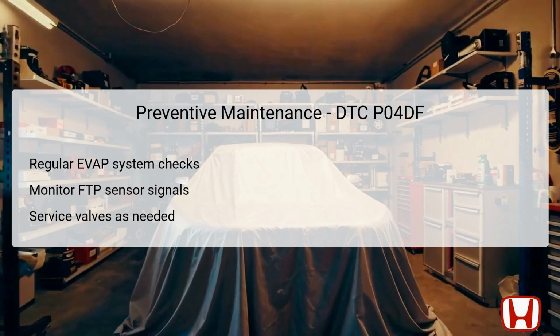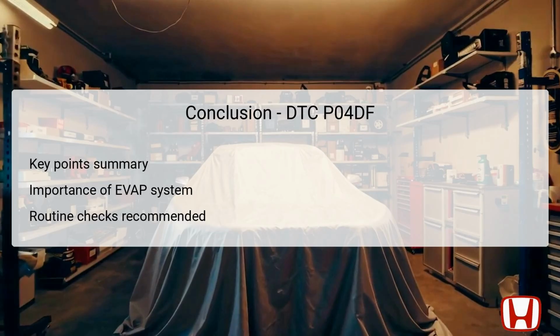By adhering to these maintenance protocols, the risk of encountering high purge flow issues can be significantly minimized, preserving both vehicle performance and environmental compliance. In summary, the DTC P04DF indicates a significant concern regarding the evaporative emission (evap) system's performance in a Honda Accord 2023.